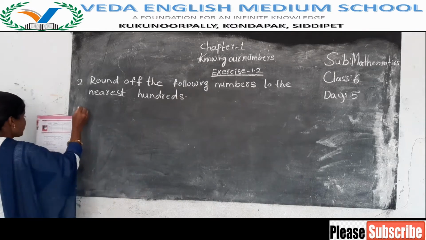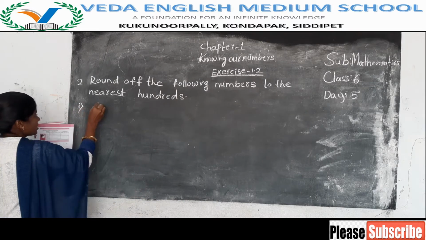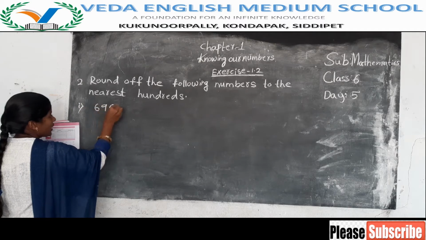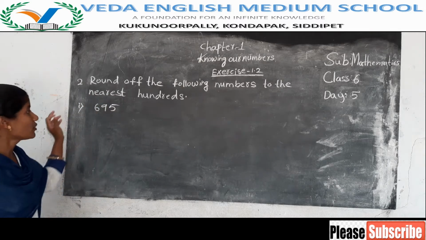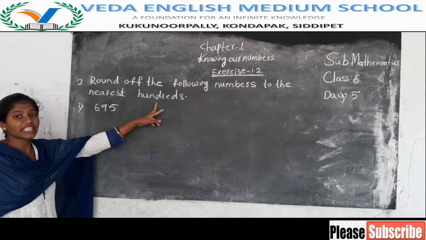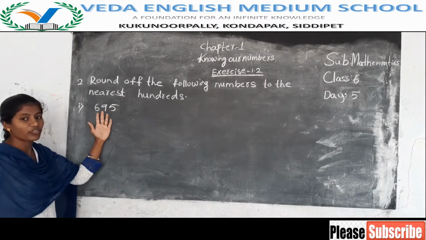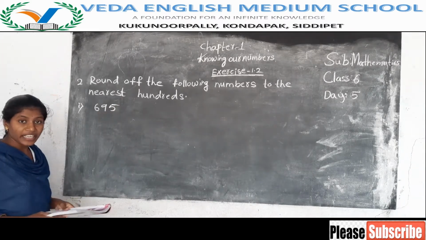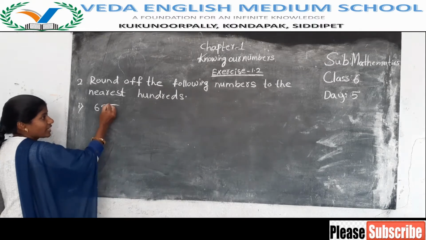First question is 695. For this we have to round up to the nearest hundred. Nearest hundreds means they are asking us to find the nearest hundreds.